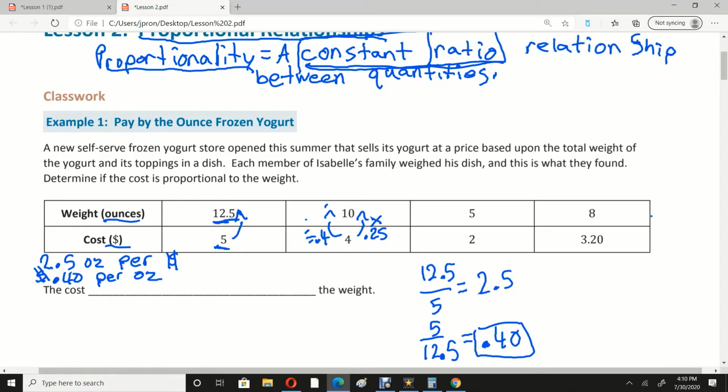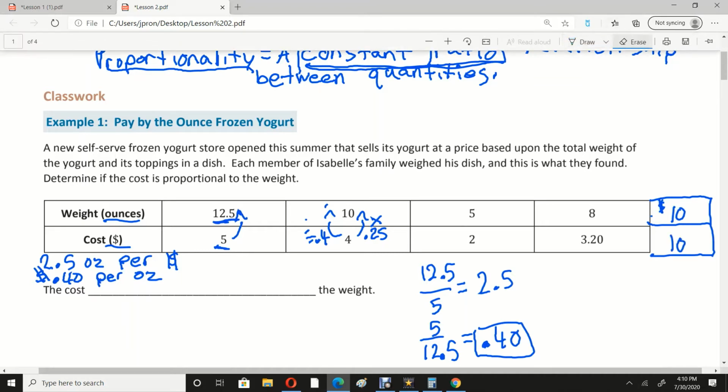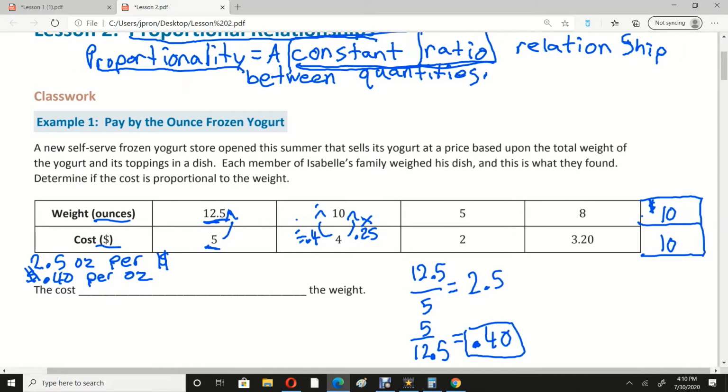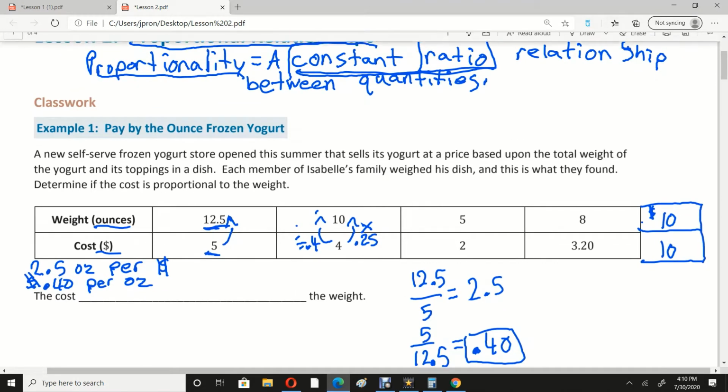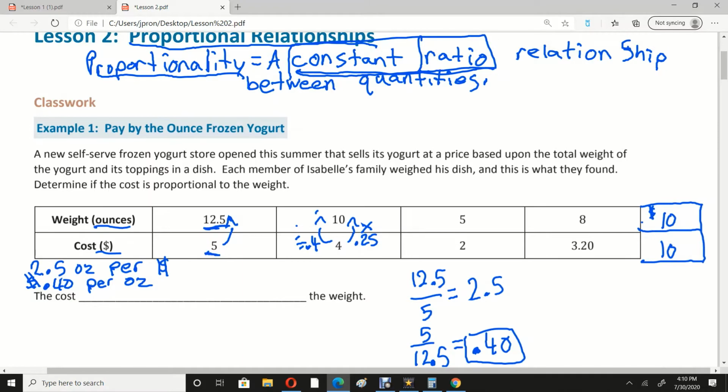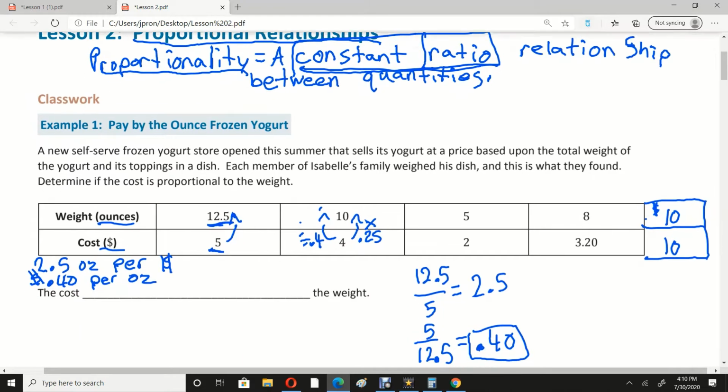And it makes a little bit more sense if we consider the cousin problem that we had last time, where he spent $10. What I'm trying to say is, what if he had bought 10 ounces?